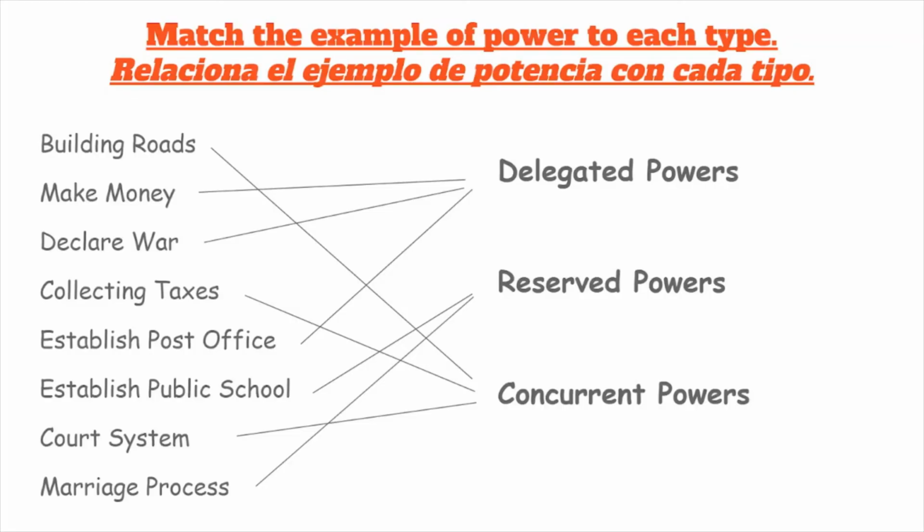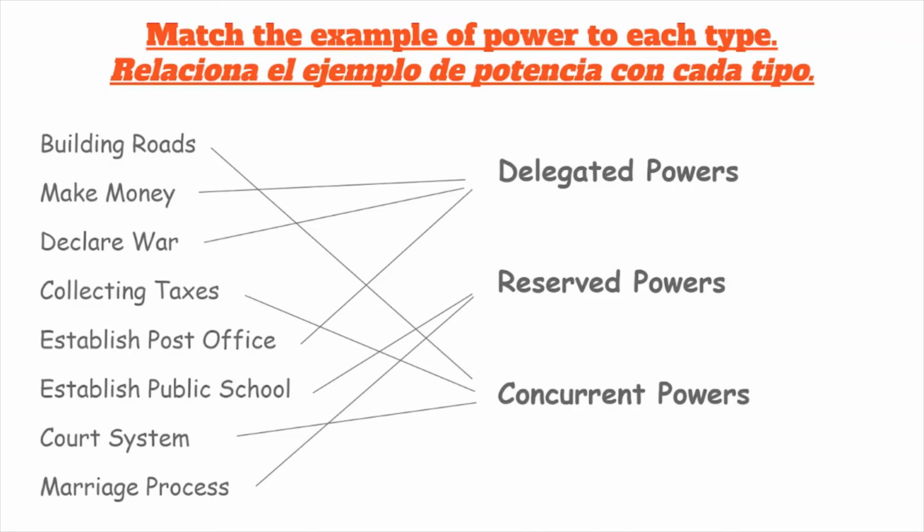So we have make money, declare war, and establish post office. These are delegated powers, powers only for the federal or central government. Then we have establish public school and the marriage process.